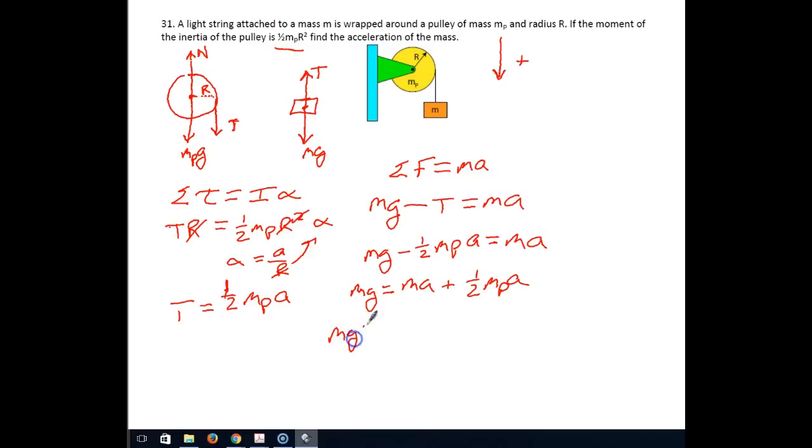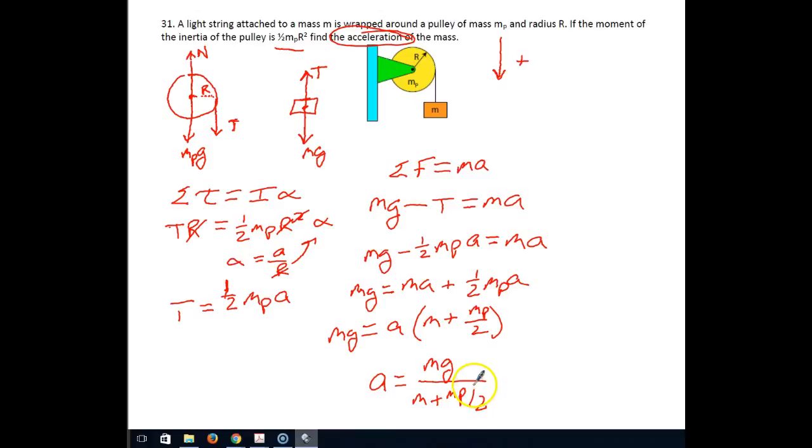So now we have mg is equal to a times m plus mp over 2, which is the same thing as 1/2 mp. Now let's solve for a. So a is equal to mg over m plus mp over 2. And we've done what they want. They want us to find the acceleration. There's no numbers, so we can only do it in letters. And that is your answer to number 31.